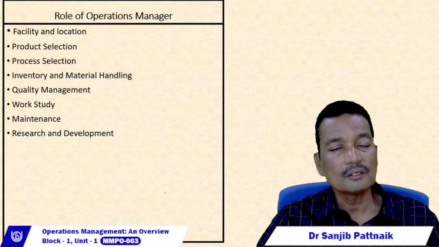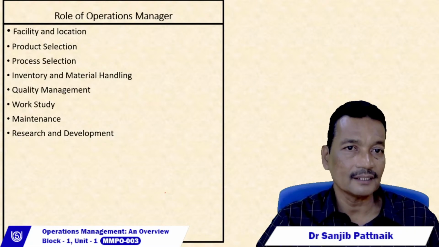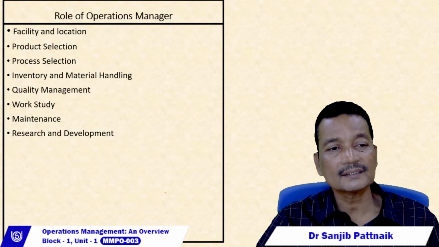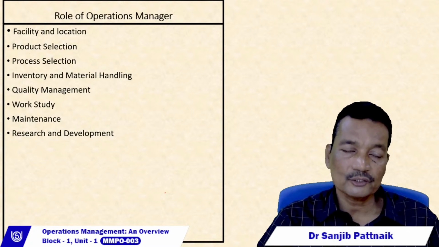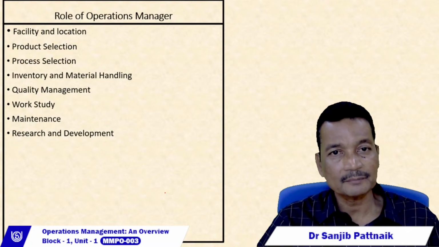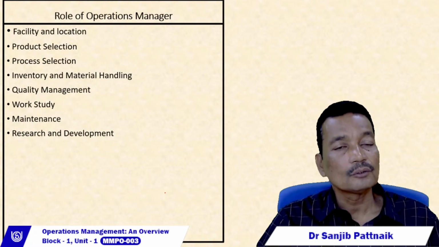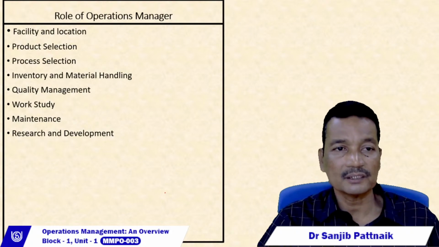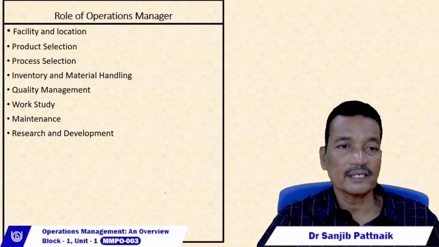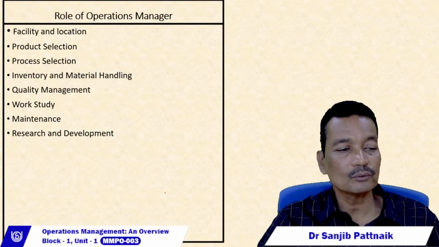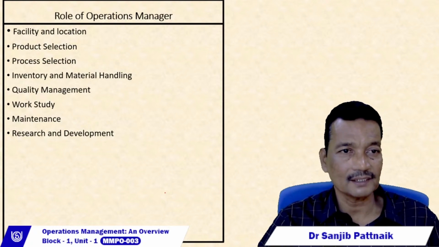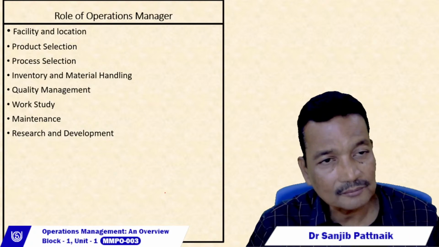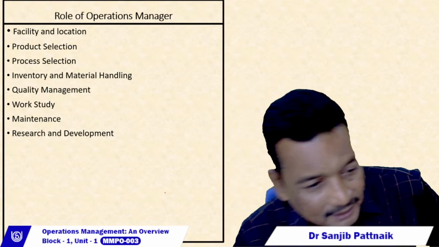Now, what is the role of an operations manager in this present world? Whatever are the areas for which we saw operation management is having a scope, those are the areas where an operation manager will be focusing on. Location, that means where to set up the facility or set up the factory or set up the educational institute.